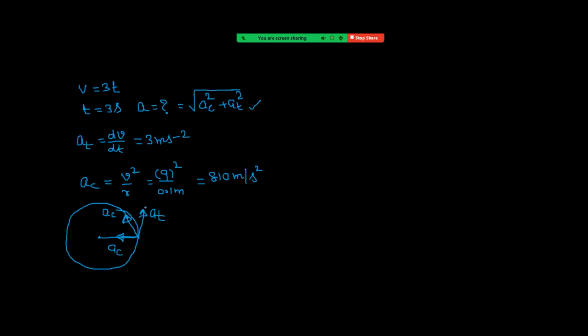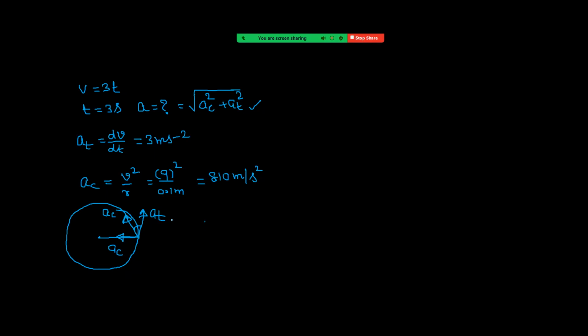This is the resultant of those two, which is nothing but the acceleration. For the angle made by that with the velocity vector: the direction of the velocity vector and tangential acceleration are both the same, because here speed is increasing. Speed increasing means a_t and v vector are in the same direction. So asking with the velocity vector or with the direction of tangential acceleration, both are the same.